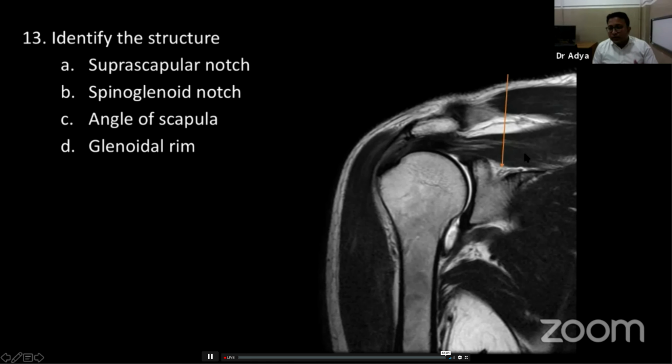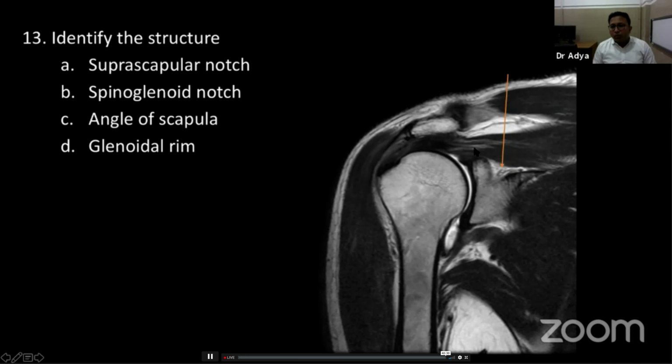Same structures like the suprascapular nerve and the circumflex scapular artery pass through both the notches, but it needs to be differentiated because of entrapment of these nerves by paralabral cysts. If it is going towards the suprascapular notch and compressing the suprascapular nerve, then both the supraspinatus and the infraspinatus muscles will show denervation edema or denervation atrophy.